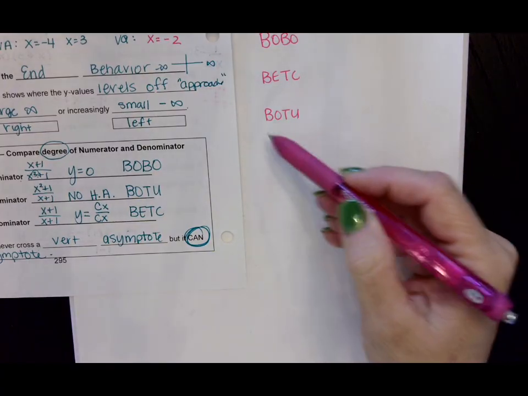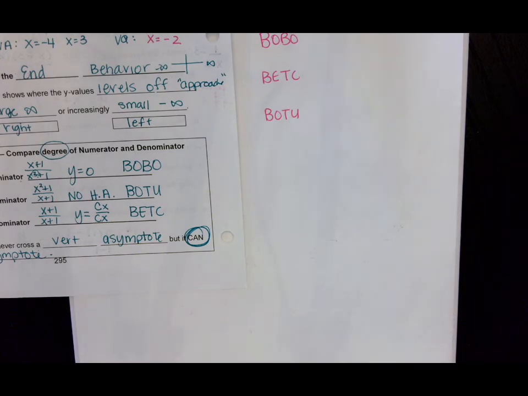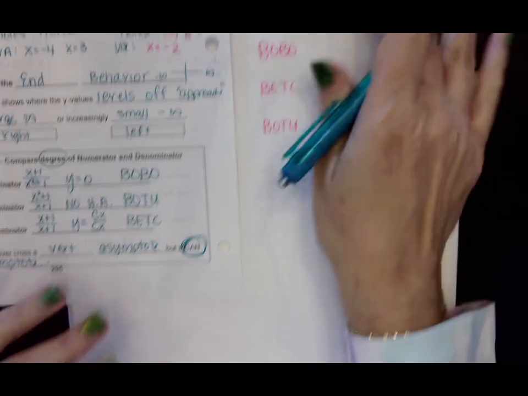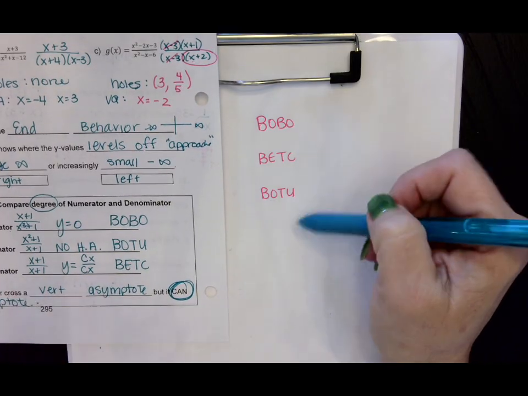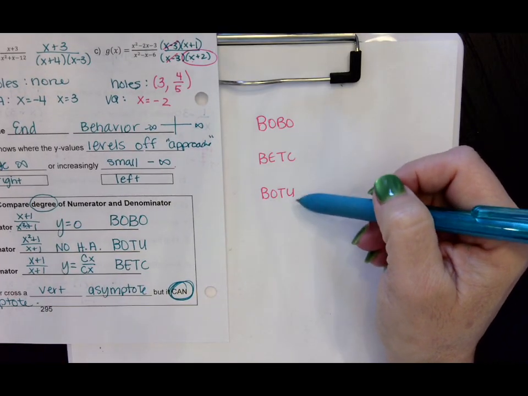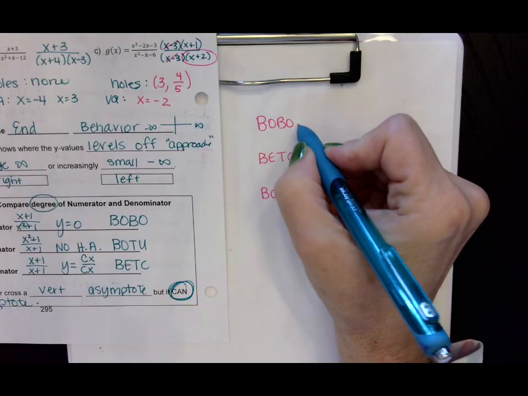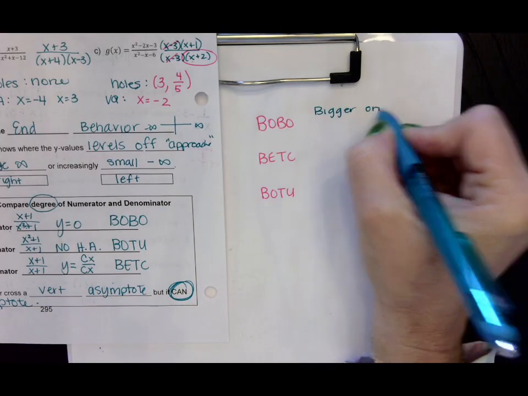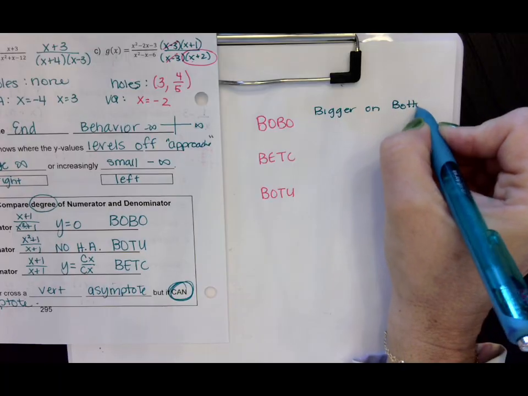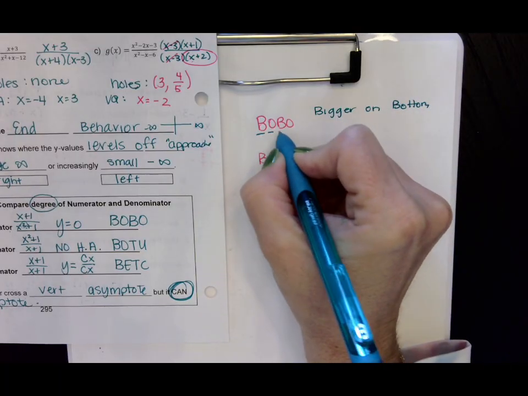And you'll see here in just a second how I'm going to apply these, but I'm just giving this a setup so that you can go back and look at this. What I would tell you right now is write these on a note card or a sticky note or something where you can look at them a lot. So what this means is bigger on bottom.